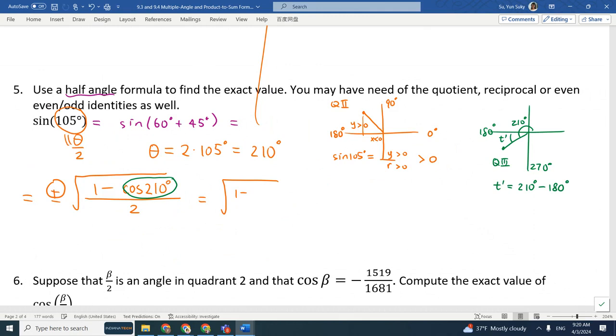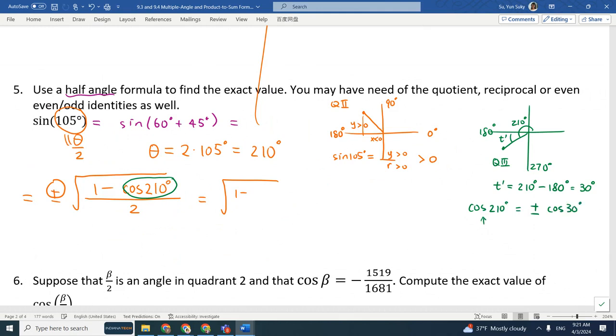You get t prime is t minus 180 degrees, which is 30 degrees. So we know cosine of 210 degrees is plus or minus cosine of the reference angle.